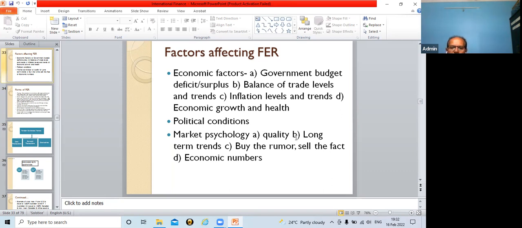He changed this trend. Earlier, we were also importing milk to feed our citizens. But within a span of a year, we changed this, and the credit goes to Verghese Kurian. So that was the white revolution.